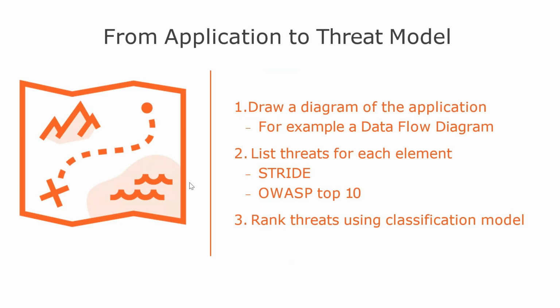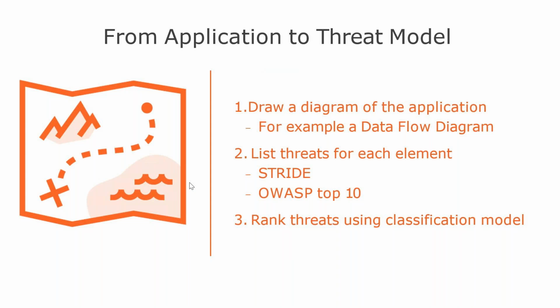Here you can draw a diagram of the application, for example a data flow diagram, a DFD you might have studied in college. Usually only the architect or planning team uses that diagram, but you can get into that as well. Threat modeling is done in the planning phase, so a DFD is required.